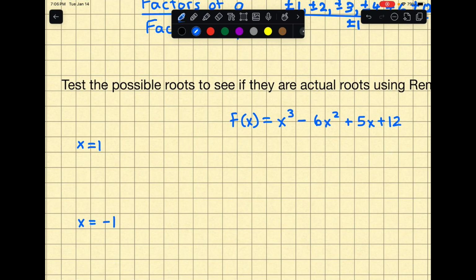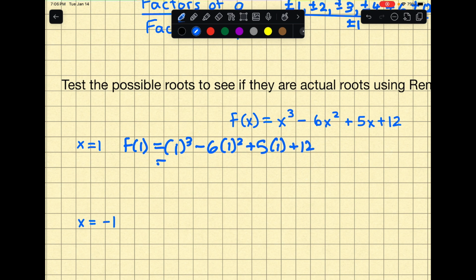So we're going to test, for example, f of 1. We evaluate f of 1 to test x equals 1 and see if that gives us a remainder of 0, or if the value equals 0. This is equal to 1 cubed minus 6 times 1 squared plus 5 times 1 plus 12.